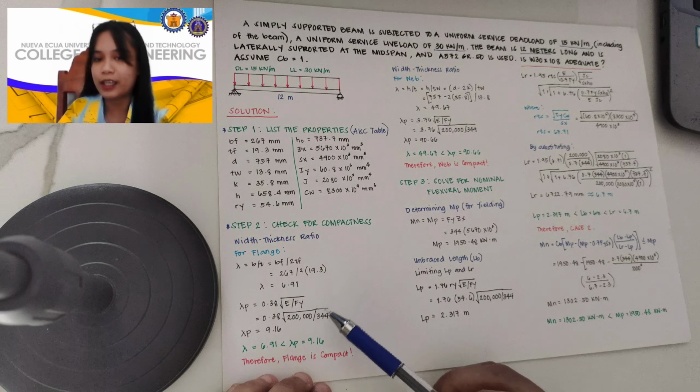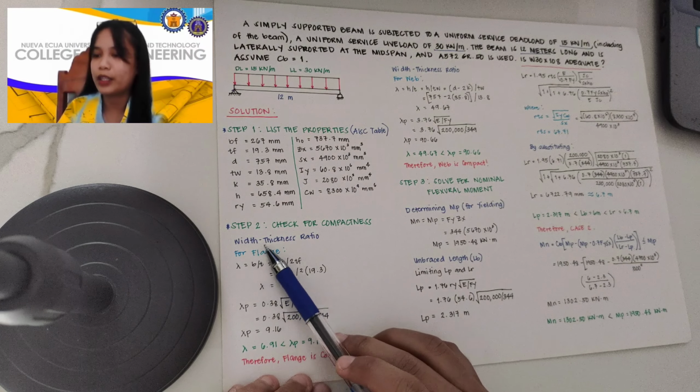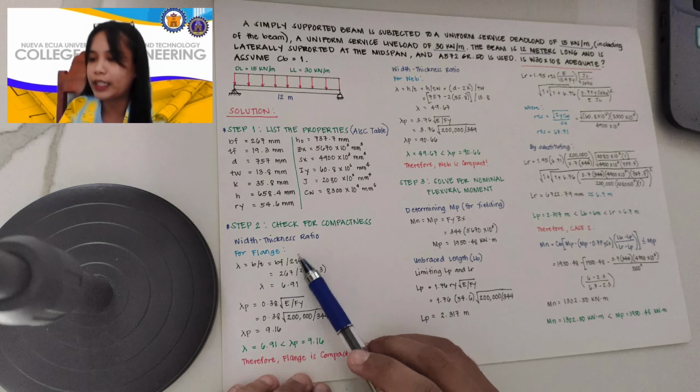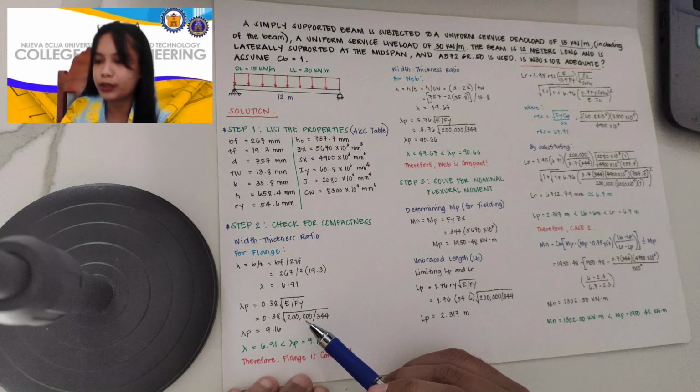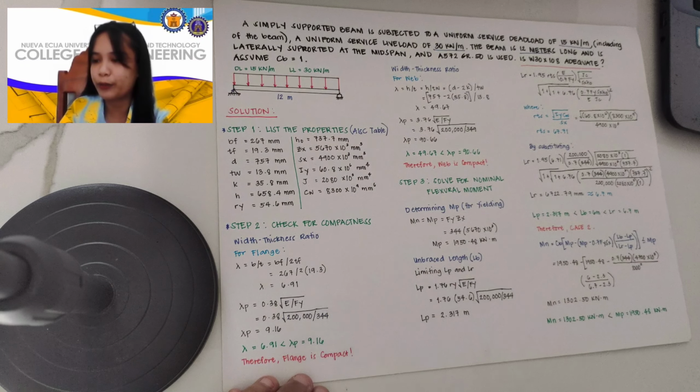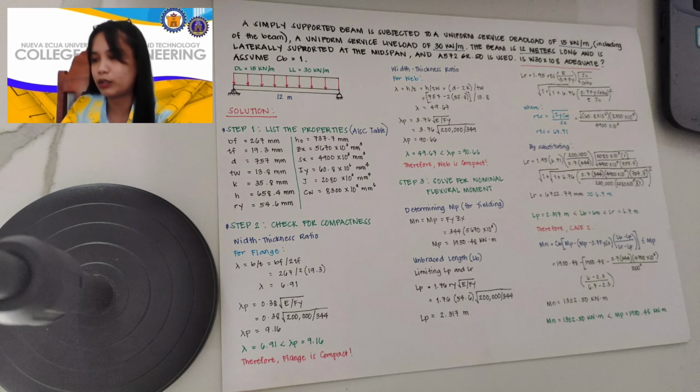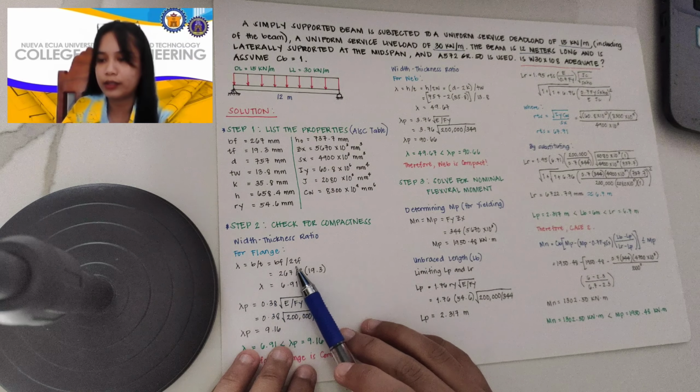So let's check if the elements are compact. So for the unstiffened elements, which is the flange, refer tayo to table 502.4.1 in the NSCP 2015. And we will be using B over T for the width thickness ratio of the flange.